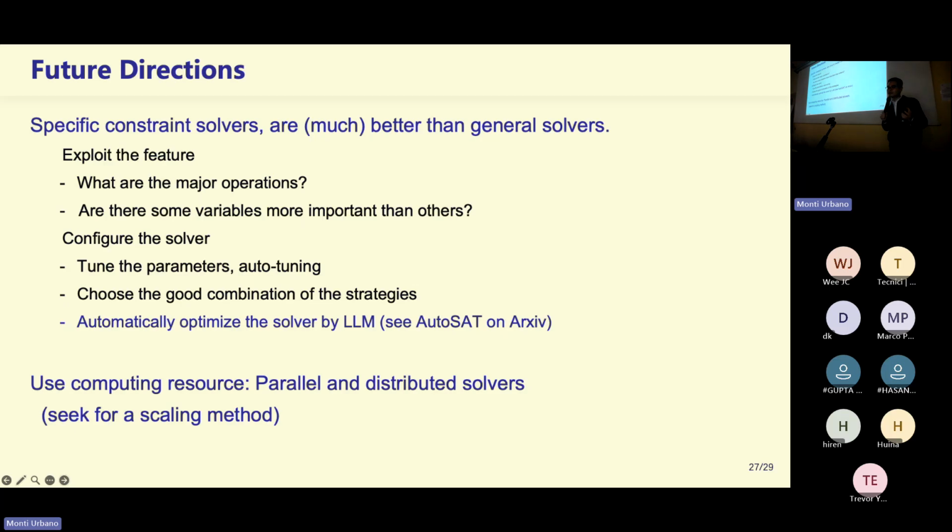And also we care about the density of the formula. Sparse and dense are different. Usually sparse is easier, and we can find some particular way to solve the sparse formula. And we also care about variable importance: are they equally important, or are some variables more important? Yeah.